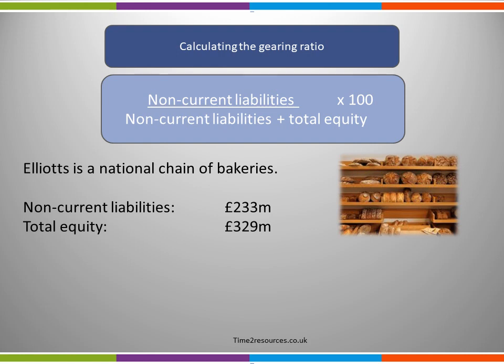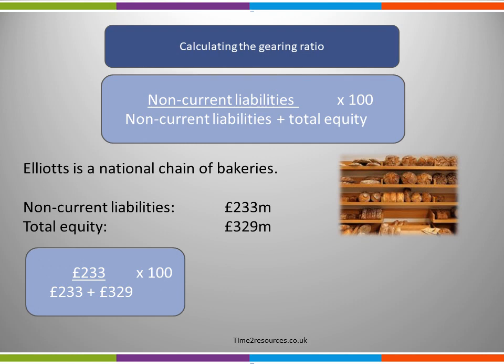Let's look at an example. Elliott's is a national chain of bakeries. On its statement of financial position, it shows it has non-current liabilities of 233 million and total equity of 329 million.